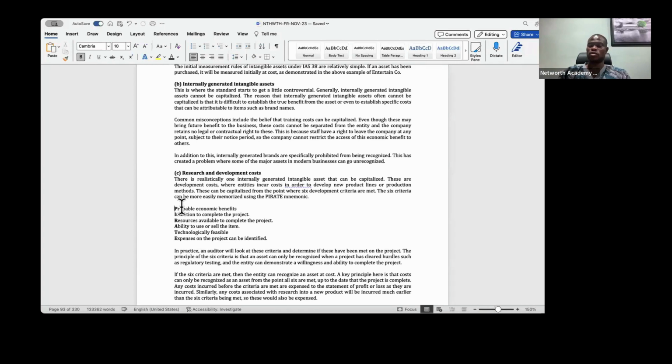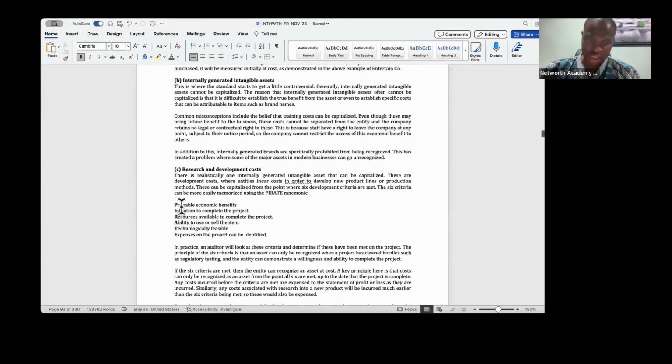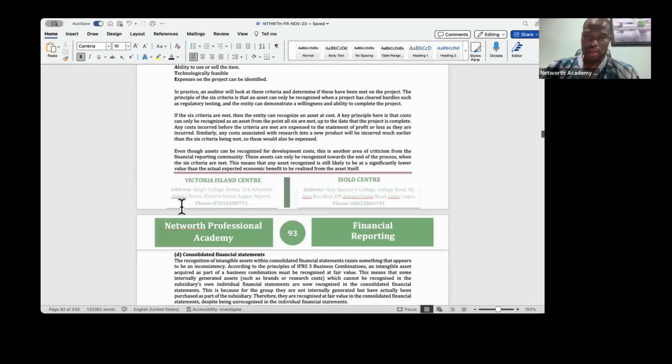When they give you additional information in your question 1, it's usually when it has met these 6 criteria that you can say, okay, then it must have met the recognition or measurement criteria. So that's for development costs, or research and development costs.